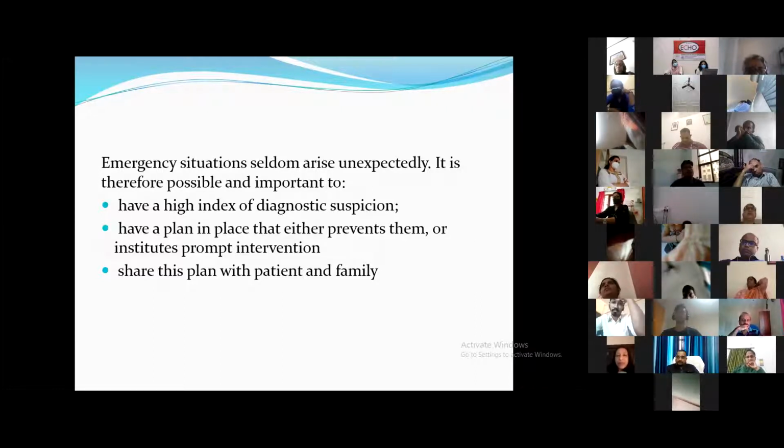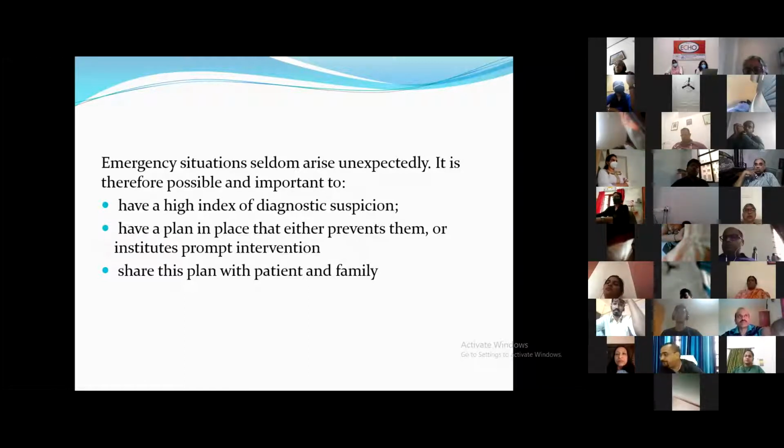You can start zoledronic acid in a patient who has bone metastasis. And always explain the trajectory of the illness to the patients, and always explain the possible emergencies that may happen to the surrogates, family and caregivers.